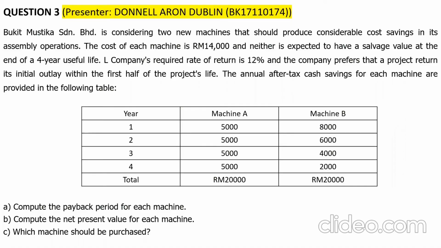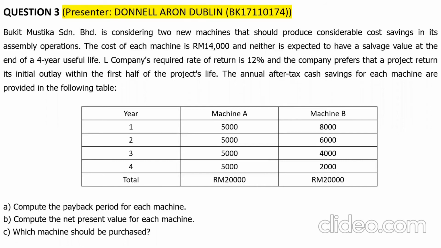Thank you. For question 3, part B, it has a cost of each machine, which is 14,000, and expected to have salvage value at the end of a 4-year useful life. And company L requires a rate of return of 12%.